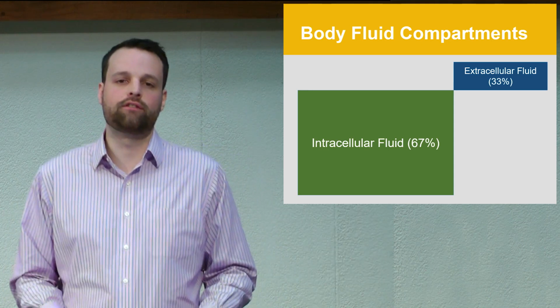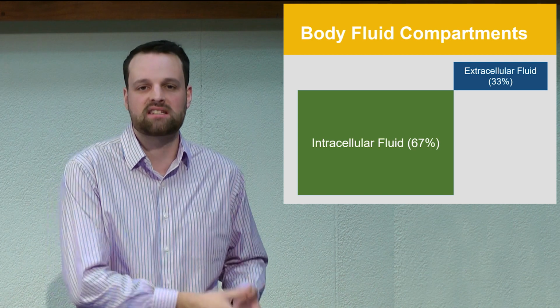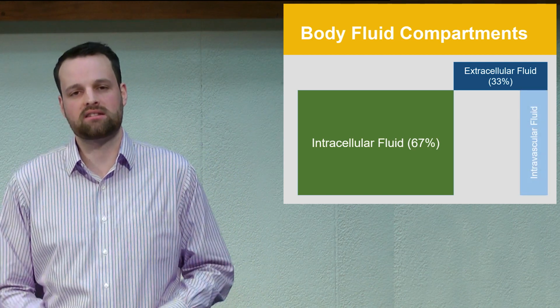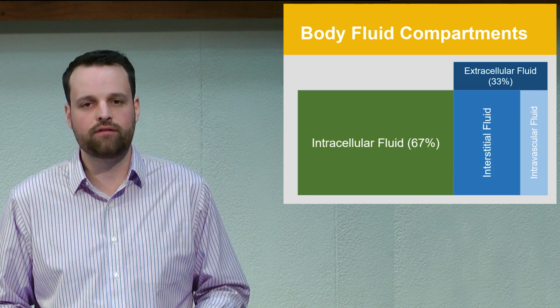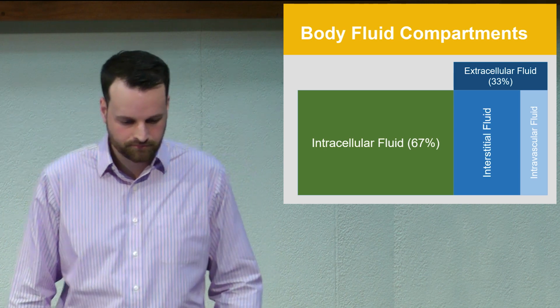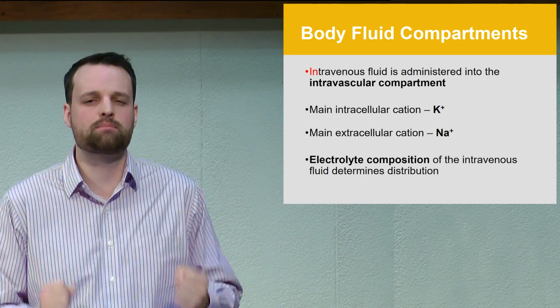And the extracellular fluid is further subdivided into the fluid that is intravascular, and that's 1/4, and the fluid that's around the vasculature and around the cells, which we call interstitial fluid, and that's the remaining 3/4 of the extracellular fluid.